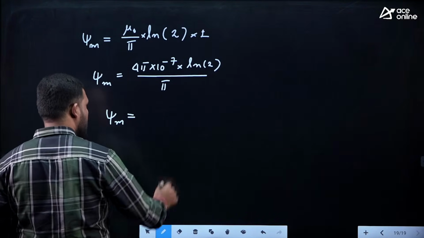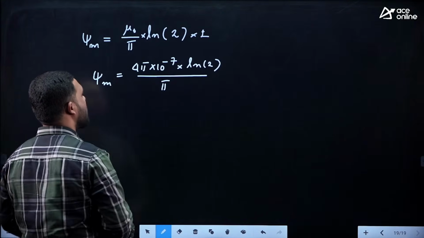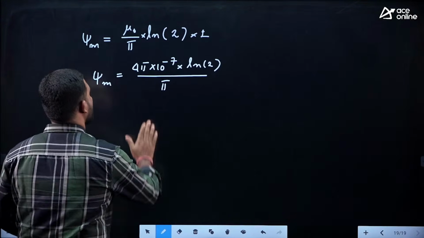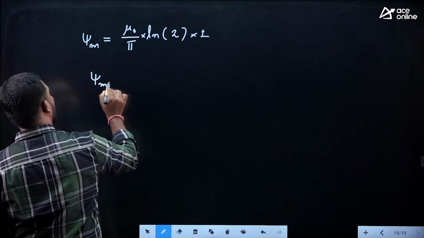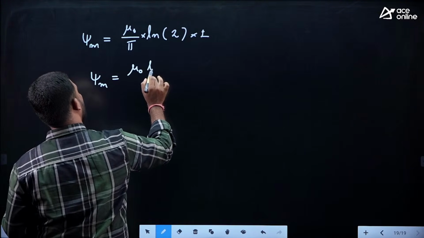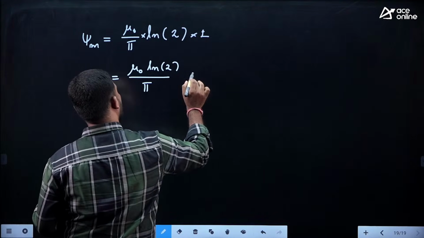Just keep this as it is. So psi m is equal to mu naught into natural log of 2 divided by pi. The units are Webers.